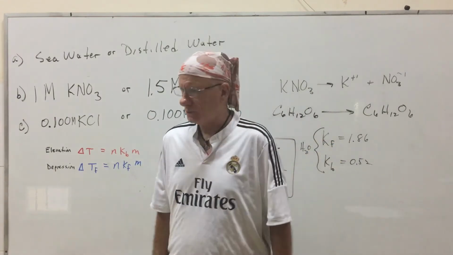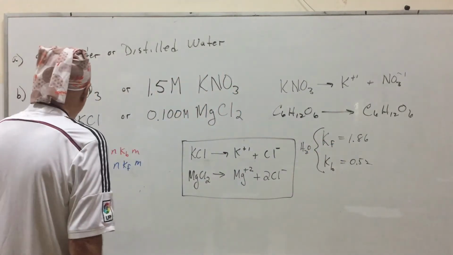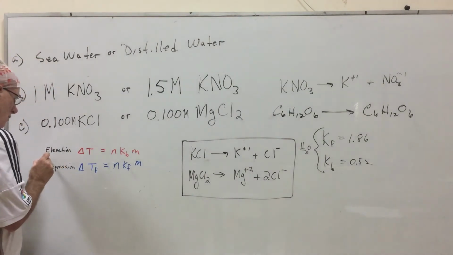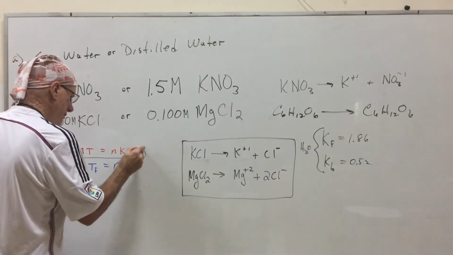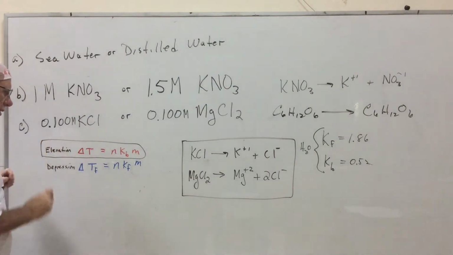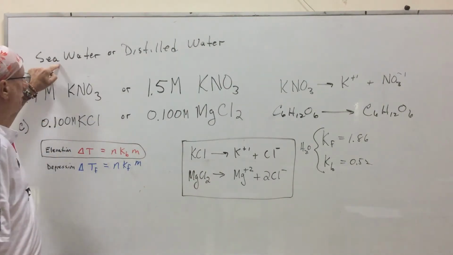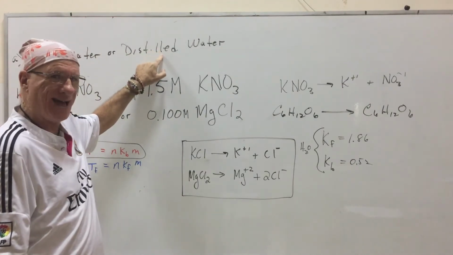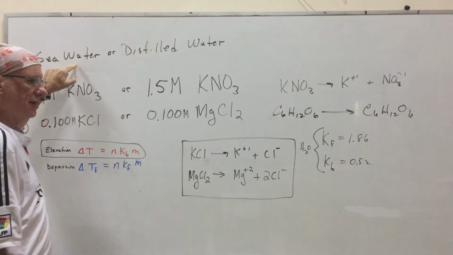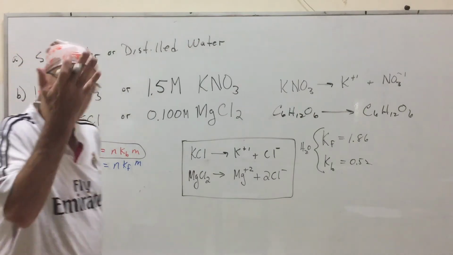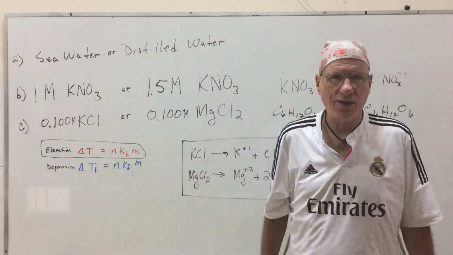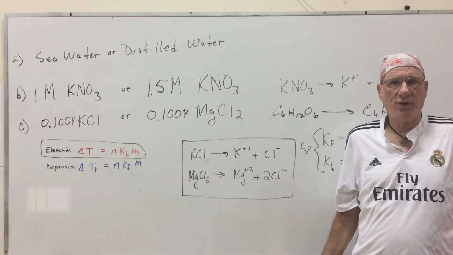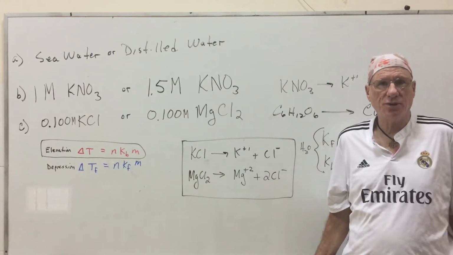Okay, so this is what we're looking for. Seawater has salt in it. Distilled water does not. So the salt water will have a boiling point elevation. Distilled water will boil at 100 degrees Celsius.